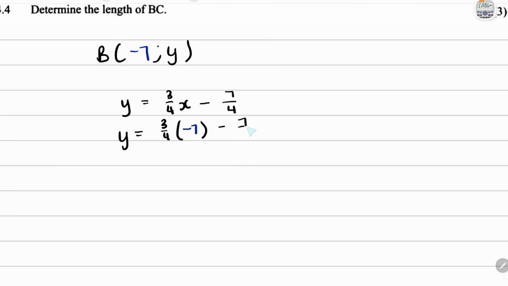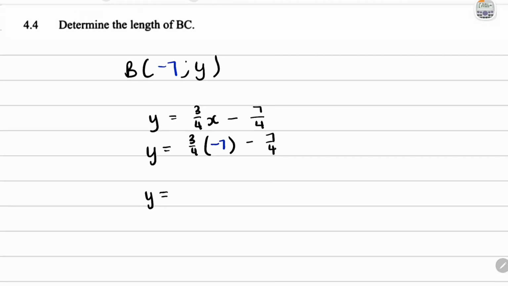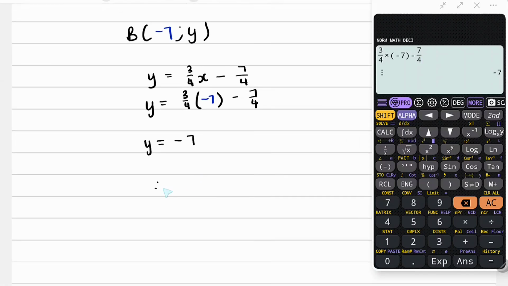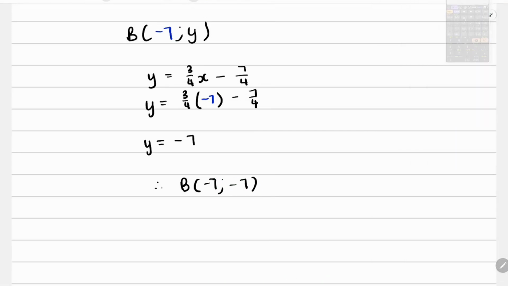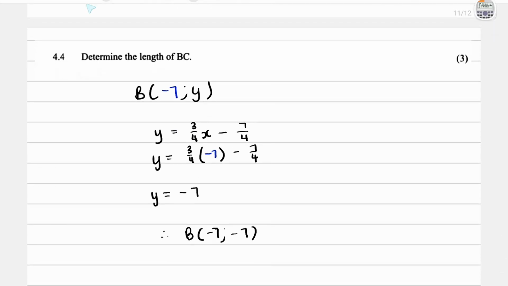And then minus 7/4. And I'm just going to go ahead and use a calculator because it's not really necessary to calculate it by hand. And we have -7. Okay, so the coordinate there for B is actually -7 and -7. Okay, so that is the x and the y coordinate. Okay, so that is it for that question. Moving on to the next question.